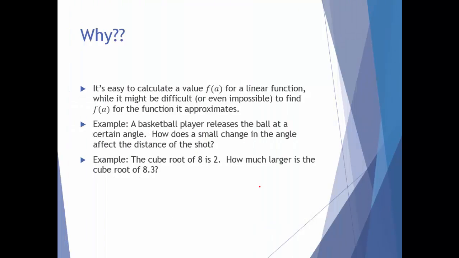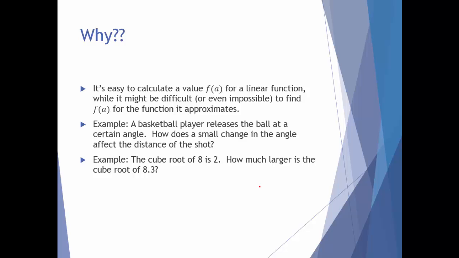So why is it we want to do this? Well, it turns out it's easy to calculate a value, f(a), a y value, for a linear function. I mean, linear functions are very easy. You just plug in an x value, and at most you're multiplying it times a number and adding or subtracting another number. It's very easy to work with. While it might be very difficult or maybe even impossible to find a function value for the function it approximates.